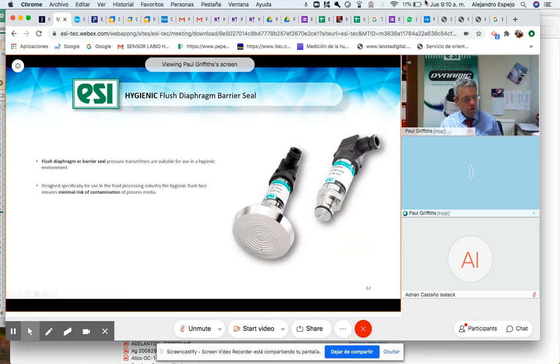This is like the isolated sensor that I mentioned last week. It has a convoluted membrane, a very thin stainless steel membrane, and behind it is a food grade oil or food grade liquid. When you press here, the force is transmitted to the sensor in here. So it's what we call a flush diaphragm or barrier seal.